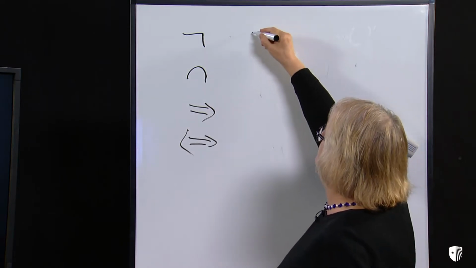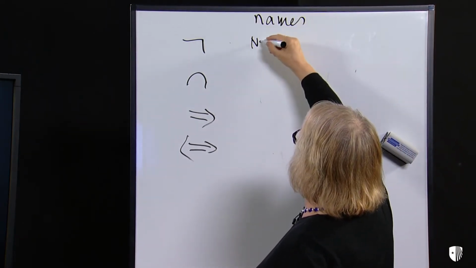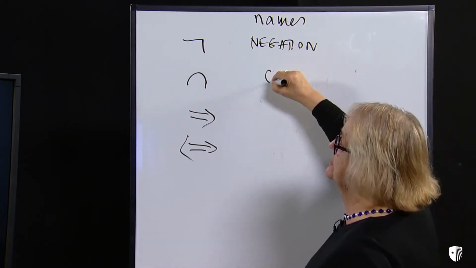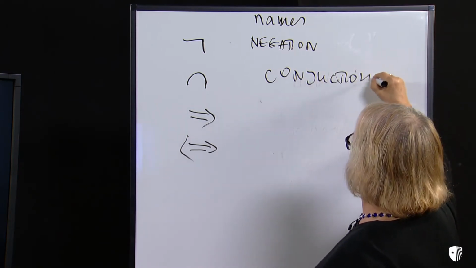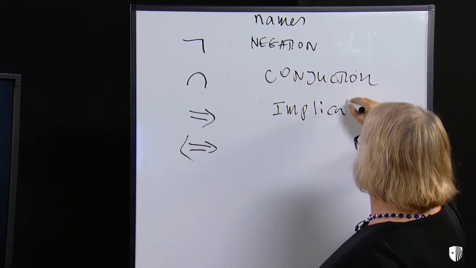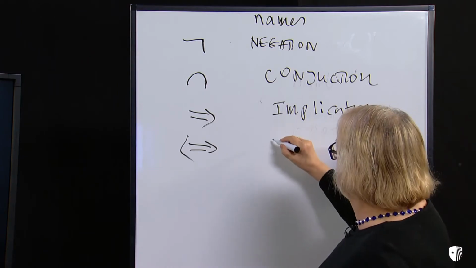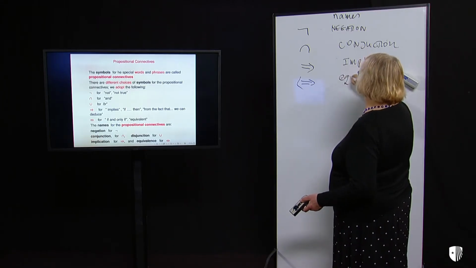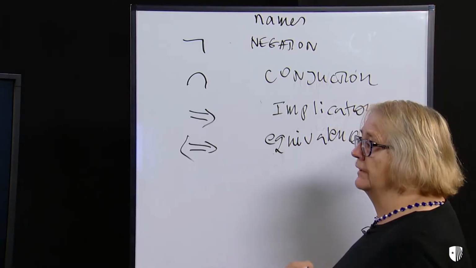And those symbols also have names. This one is called negation. This is called conjunction. This is called implication. And this is called if and only if, or equivalence. I like the word equivalence.